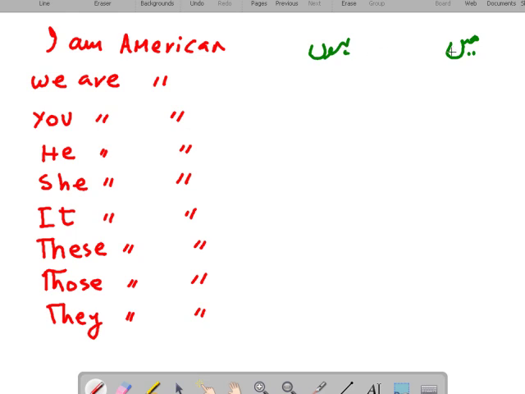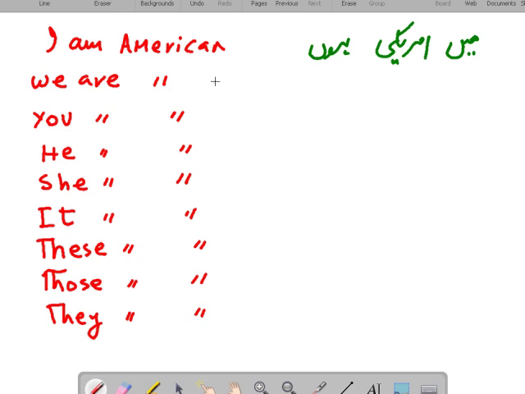I am American, मैं अमेरिकन हूँ और मैं अमरीकी हूँ. There is no problem. We can use English word and we can fit English word anywhere inside the Urdu sentence.